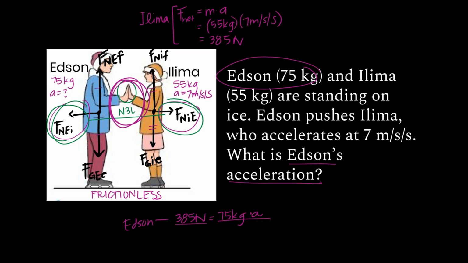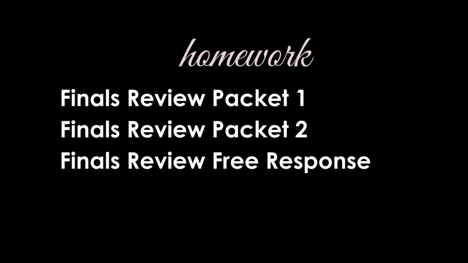Now we're just going to do simple algebra where we'll just divide by 75 kilograms, so that cancels out. And we're left with an acceleration, and we are going to take our calculator, go 385 divided by 75, and it's going to be about 5.1 meters per second per second. All right, and so that's it.